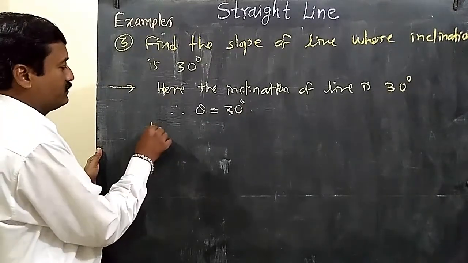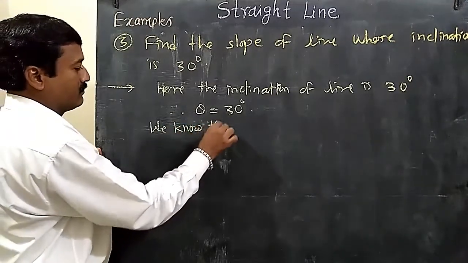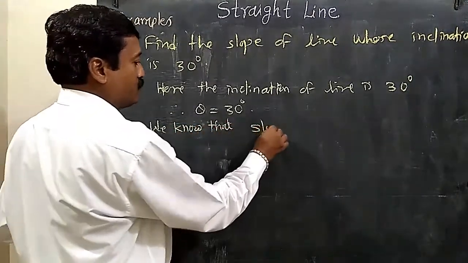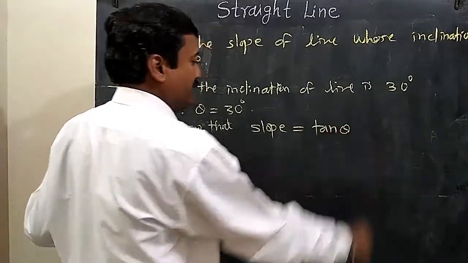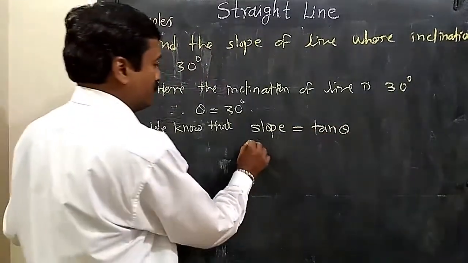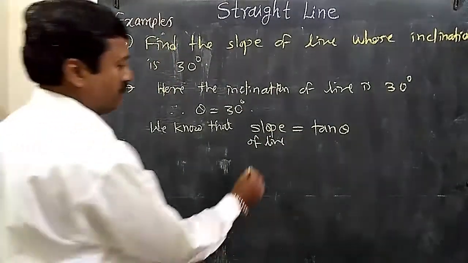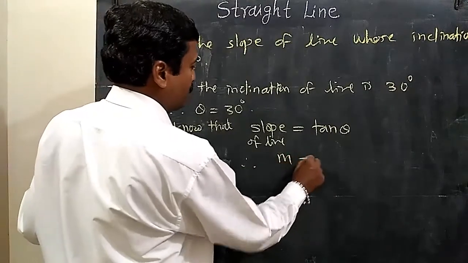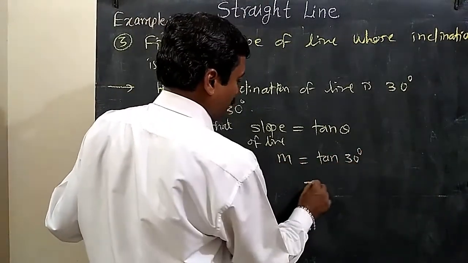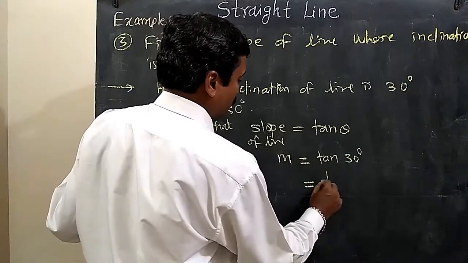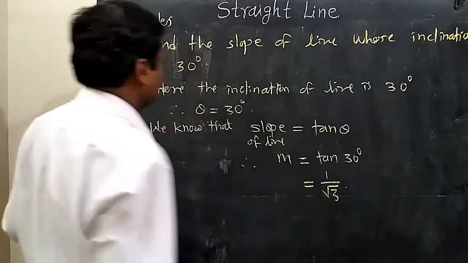We know that slope of line is equal to tan theta. Therefore, m is equal to tan 30, and tan 30 is equal to 1 upon root 3.